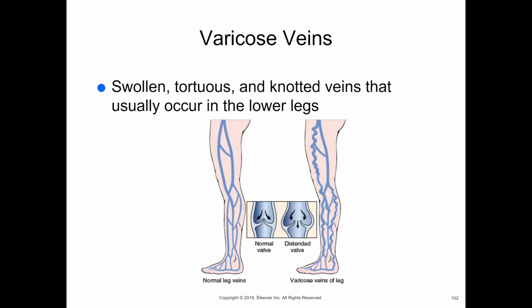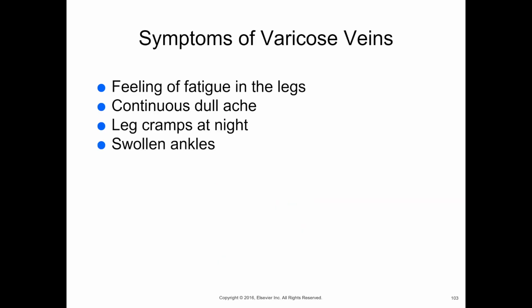And people that have this condition are typically rather inactive. But there can also be genetic predispositions, etc. So with this, the valves become incompetent and can even collapse, and that leads to an excessive amount of blood pooling in certain areas of the veins.